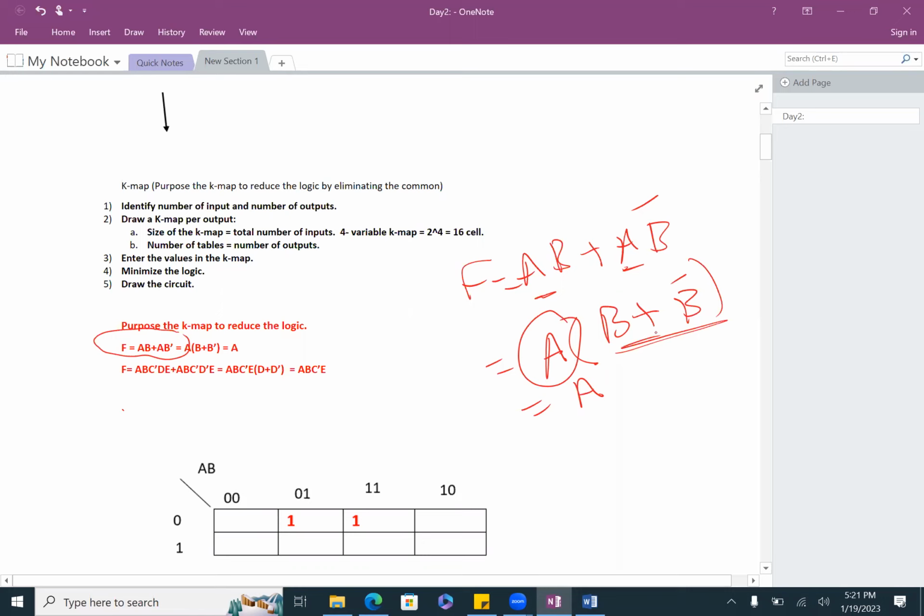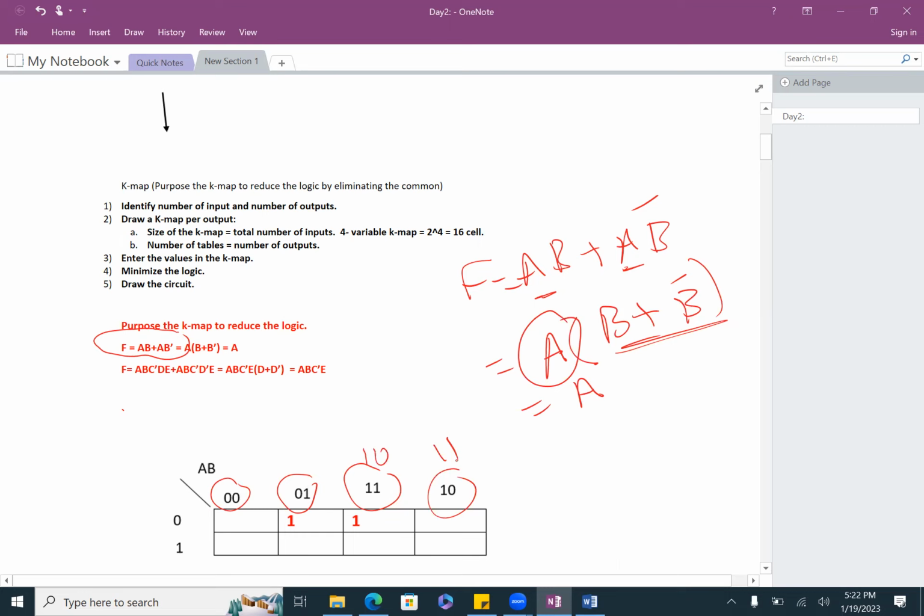That's the reason why we did the sequence 0 0, 0 1, 1 1, and 1 0 here. Why is it not 0 0, 0 1, 1 0? Because that's 2, then 3. What's the purpose of that? Why did we do it this way?